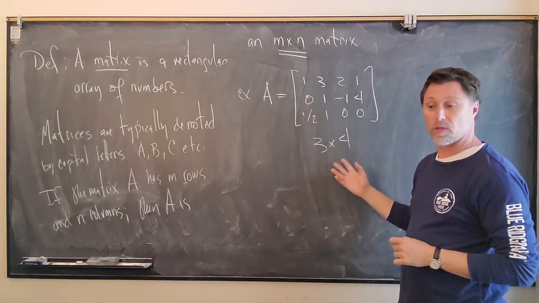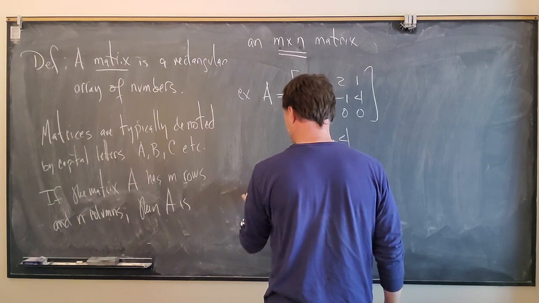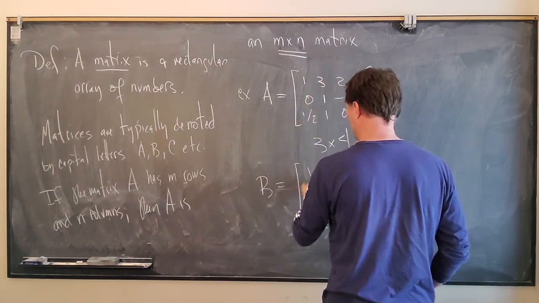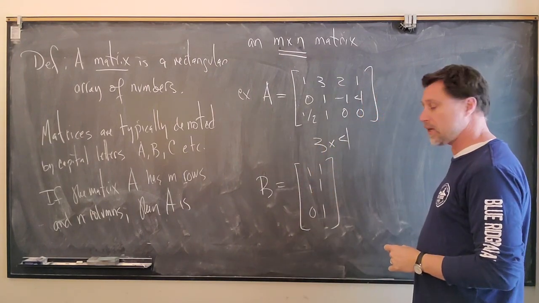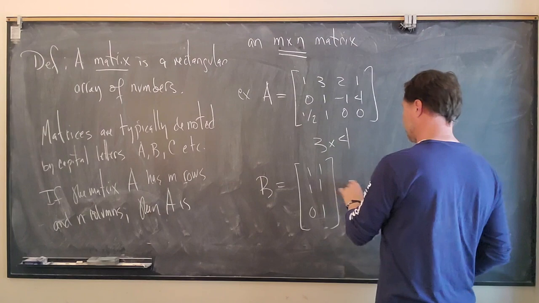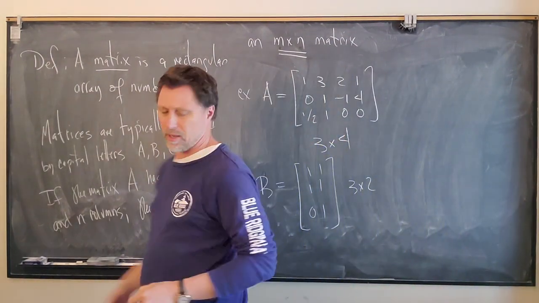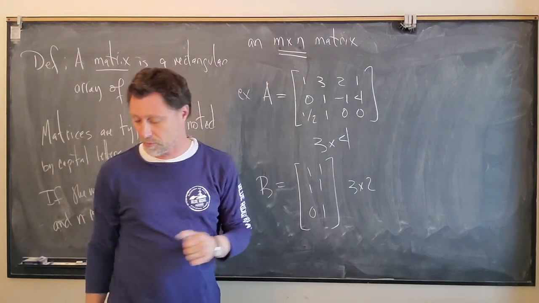It's got 3 rows, 4 columns. Well, let's say capital B, another example of a matrix. How about 1, 1, 1, 1, 0, 1. B is a 3 by 2 matrix. All right, so just remember the first number tells you the number of rows, second number tells you the number of columns.